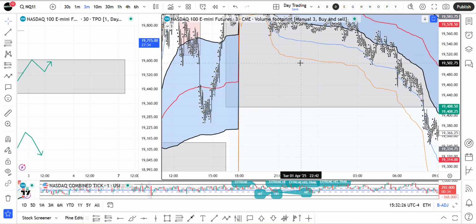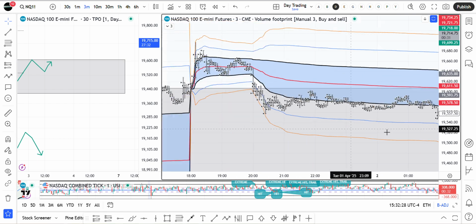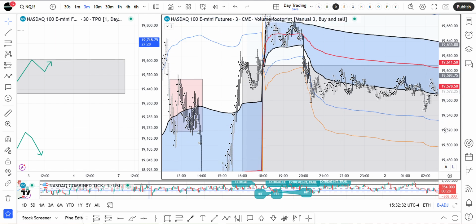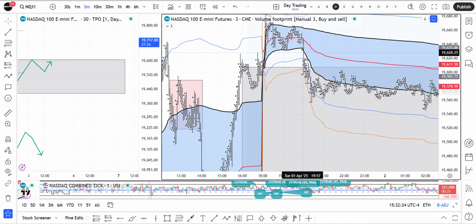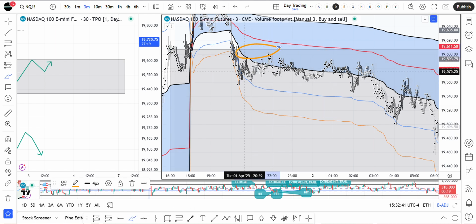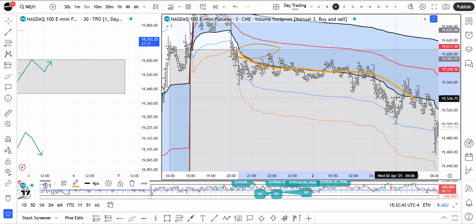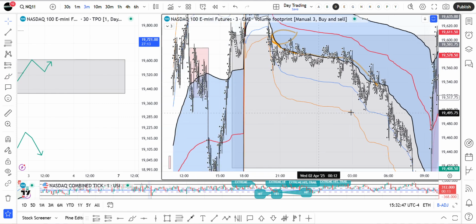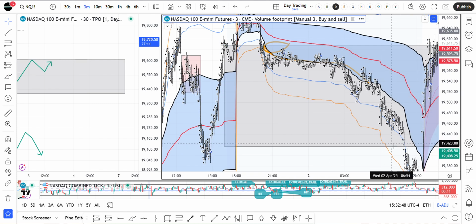As you can see here, if you use this during London, we opened here, pushed up, and now from here you could be looking to take shorts, and then we're below this line, so you're again looking to take shorts all the way to the end down here.